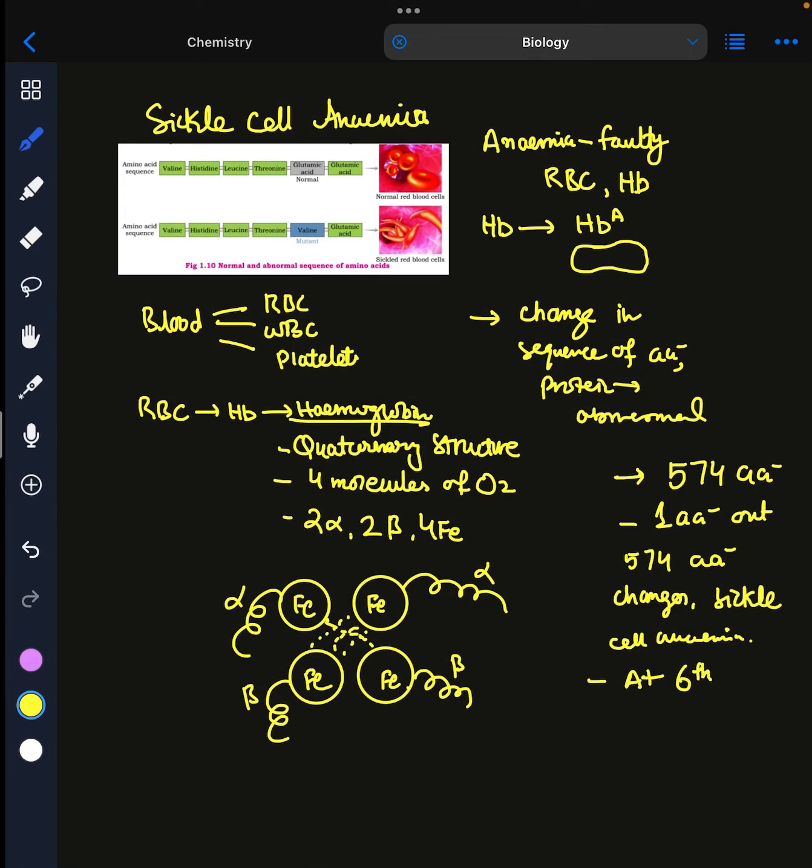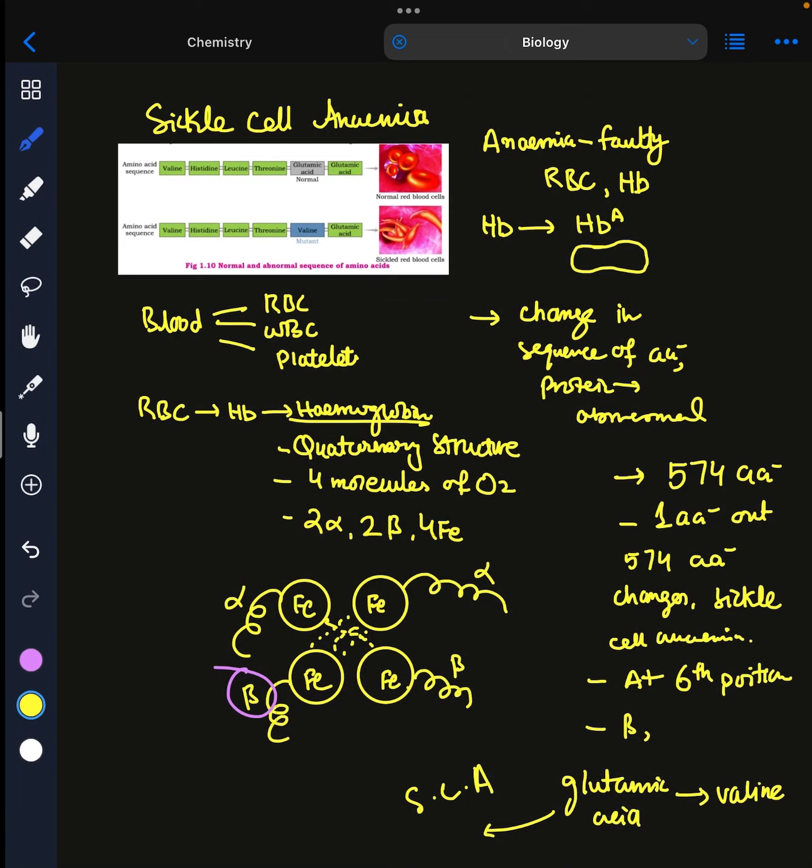At the sixth position in the beta chain, we have alpha chains and beta chains, right? So on the beta chain, at the sixth position, when glutamic acid, we know that glutamic acid is an amino acid, right, changes to valine, this causes sickle cell anemia.